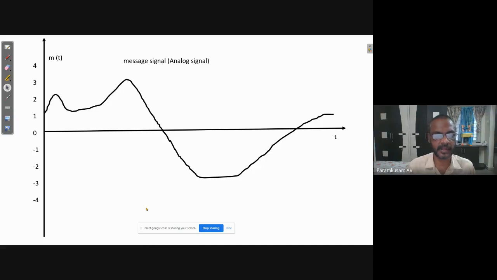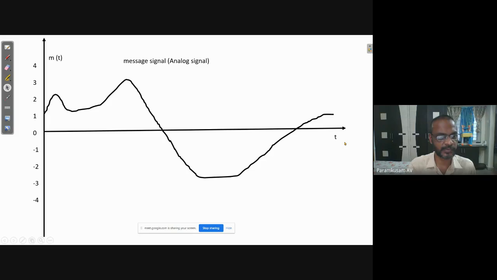This is the message signal, that is the analog signal. I take the samples at n is equal to 0, ts, 2 ts, 3 ts, 4 ts, 5 ts, 6 ts, 7 ts, 8 ts, and so on.